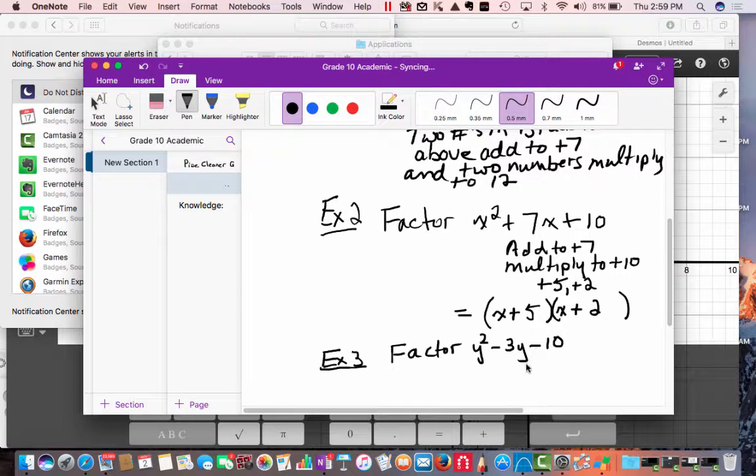Once again, as in any question that's involving factoring, you should always look for a common factor, which once again, in this case, there are none. So can we find two numbers that add to this number and multiply to this number? So add to negative 3.